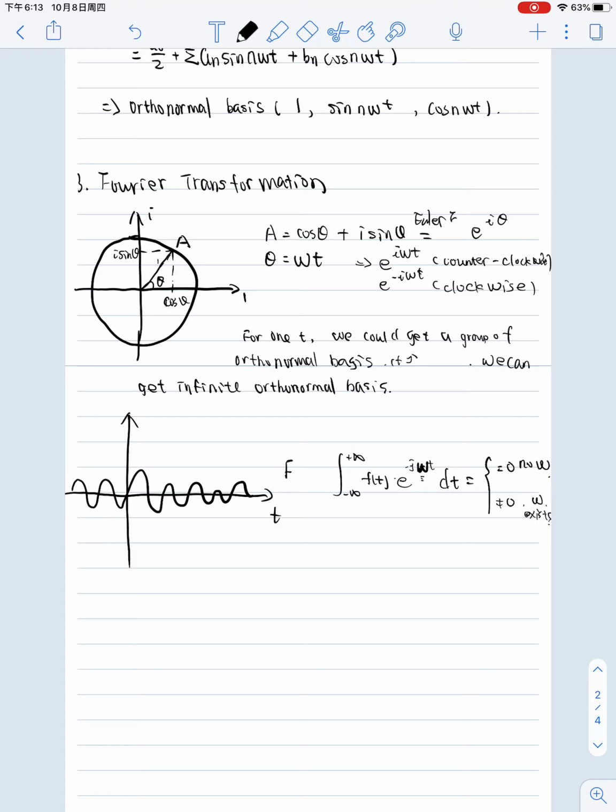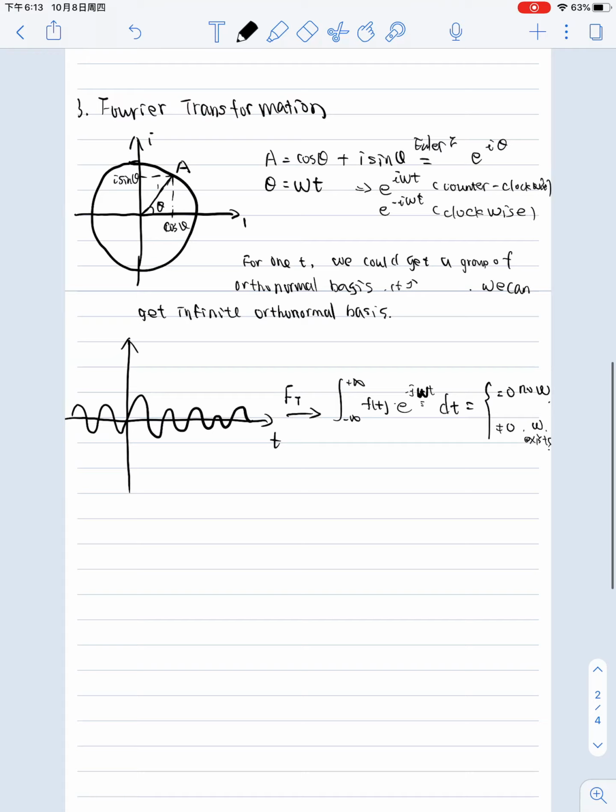Like this, so it could be used, and we can use the t to check that. Yeah, that could be true. So this process is called Fourier transformation.